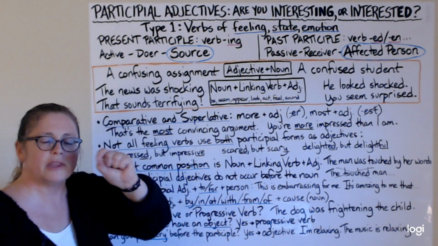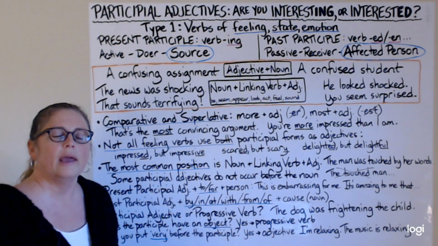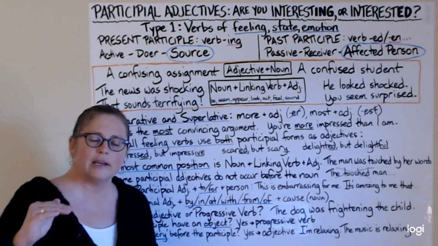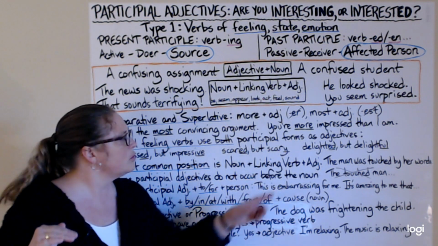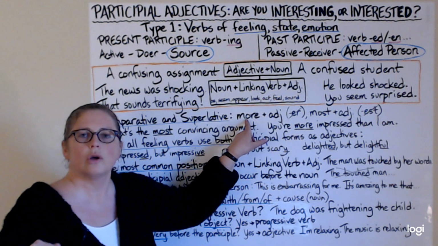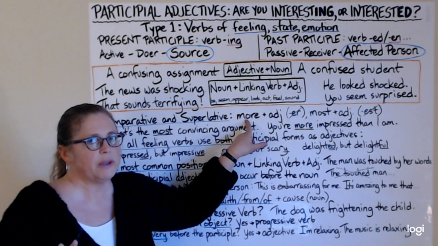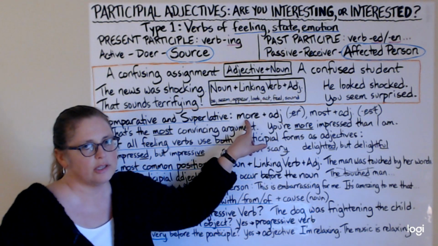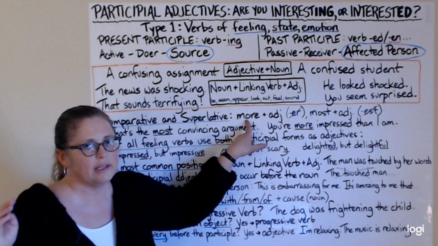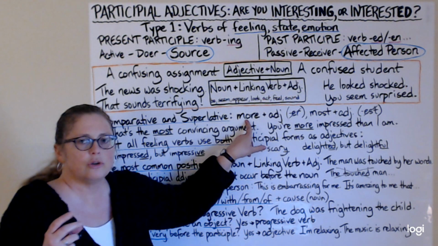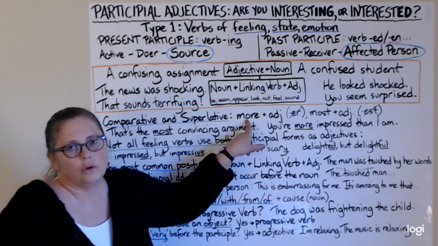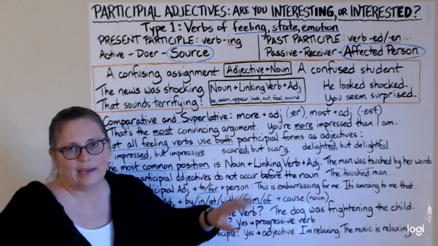Let's talk about some of the smaller points to know. If you want to use a comparative, you don't use ER, you use more. And that's because usually with adjectives that are two or more syllables, like interesting, you need to use more, not ER.